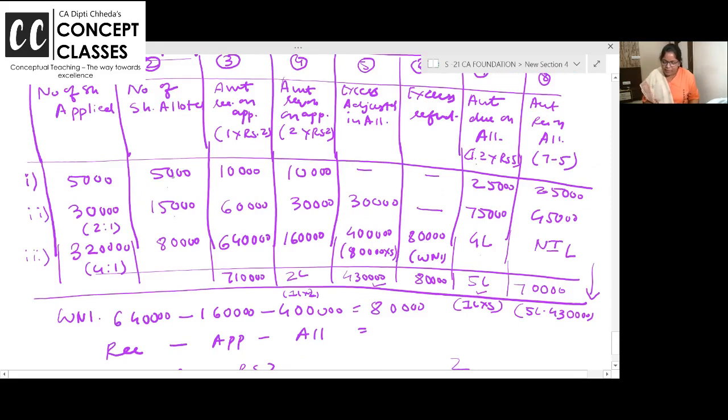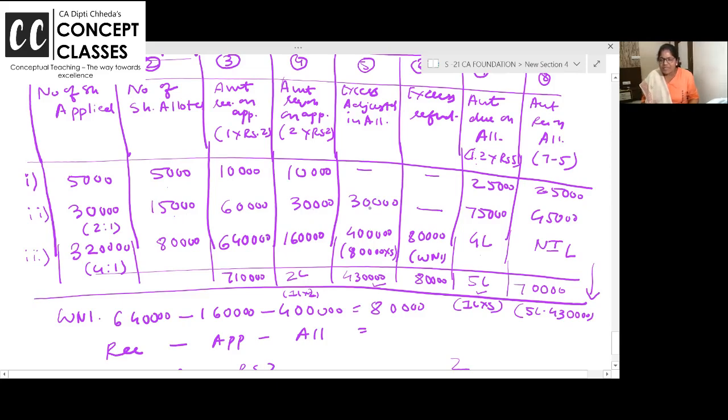5,000 shares have applied for, Baker, or 5,000 fully are allotted also. So required is also 10,000. So no excess amount. Again, allotment is 5,000 into 5, 25, and it is received. 30,000 shares have been allotted, only 15 in 2:1 ratio. So on 30,000 they paid 2, whereas on 15 it should have been 2.